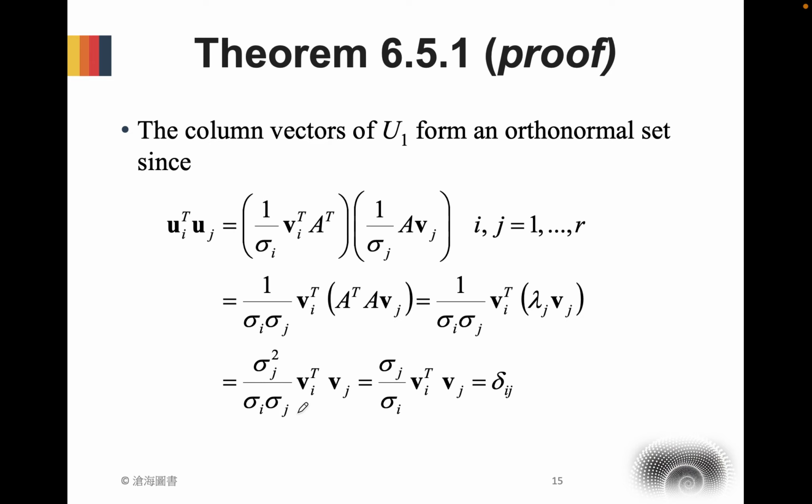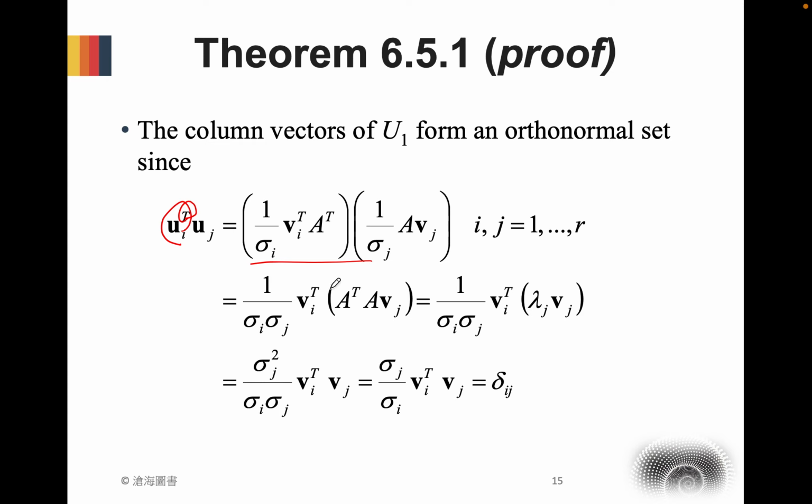So the column vectors of U1 form an orthonormal set. We can verify this. If we calculate the inner product between Ui and Uj, Ui is equal to A Vi divided by sigma i. Because now we have a transpose, it becomes Vi transpose times A transpose divided by sigma i, times A Vj divided by sigma j.